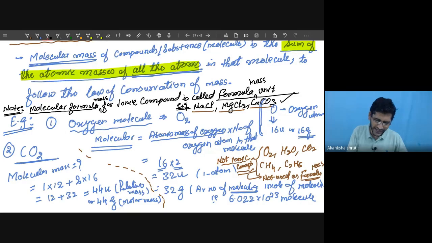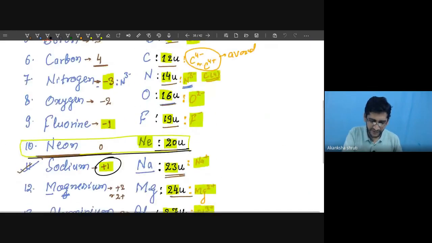Just remember, if it is an ionic compound, we use the term formula unit mass, and for a covalent compound, we use molecular mass. Formula unit mass is also nothing but the molecular mass for ionic compounds. It is just one way of understanding or writing. How and why, we will learn later.